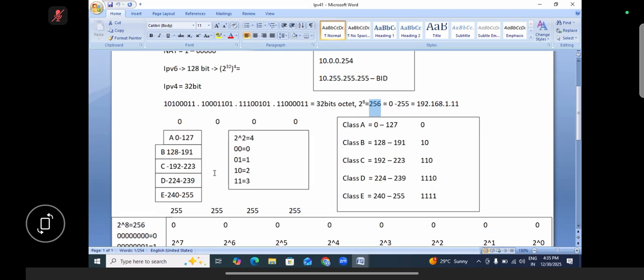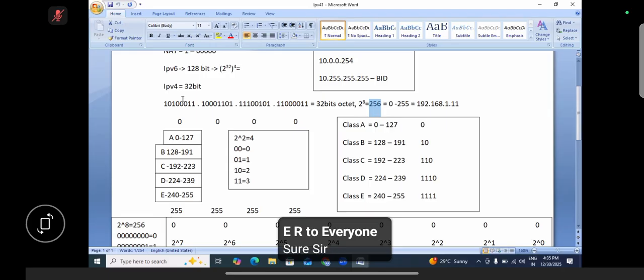Okay, right? So see, terminology is very, very important. Remember, I don't know how much you have learned. In my class, you should learn 100%. That's it. As of now, how much you have learned, I don't know. In colleges, in your courses, in our session, you need to learn about IPv4.